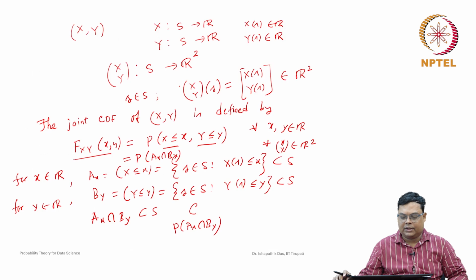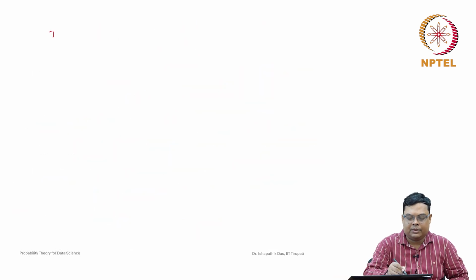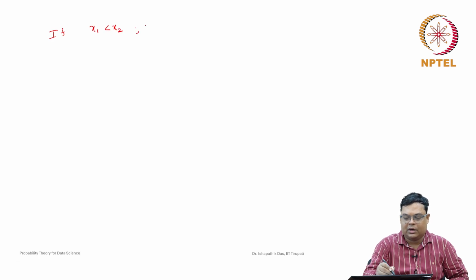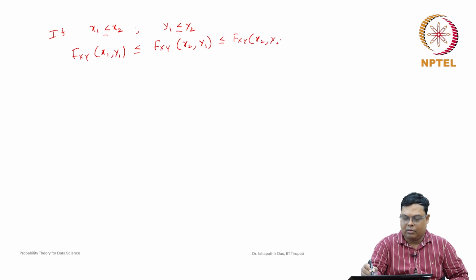Let us discuss first, if you take two points on the real line, x1 less than or equal to x2, and y1 less than or equal to y2, then F_XY(x1, y1) should be less than or equal to F_XY(x2, y1), which is less than or equal to F_XY(x2, y2).